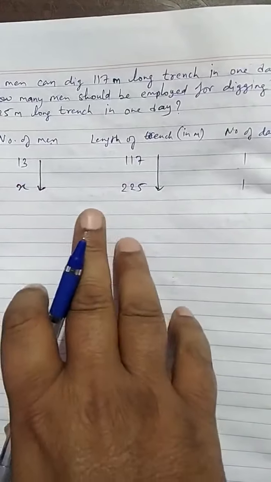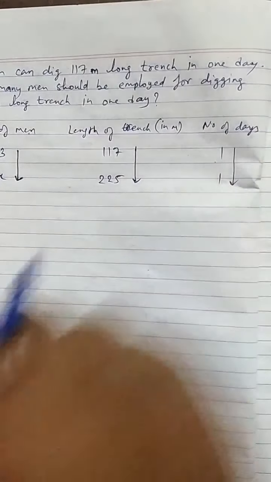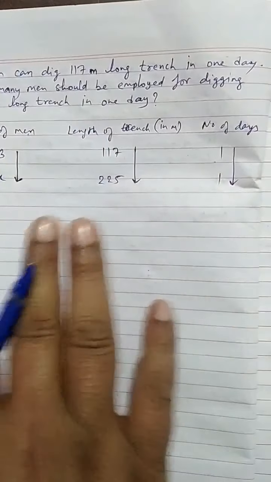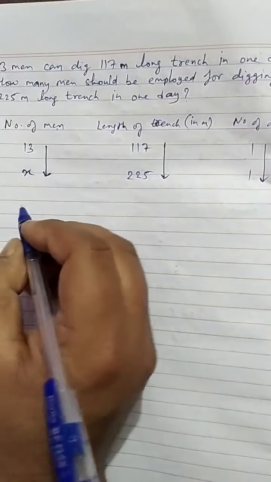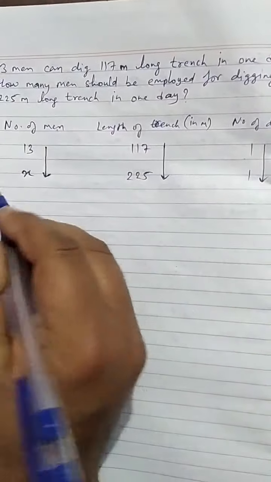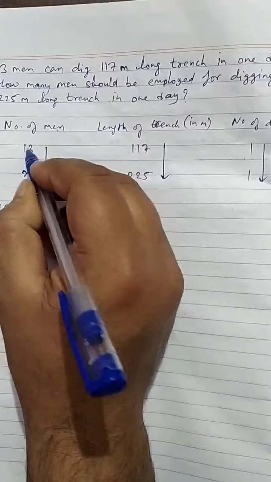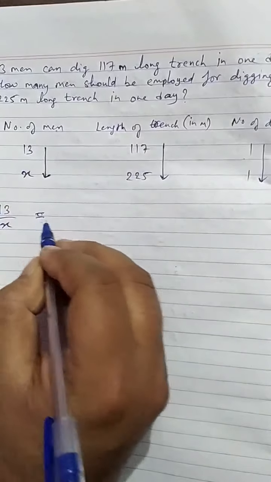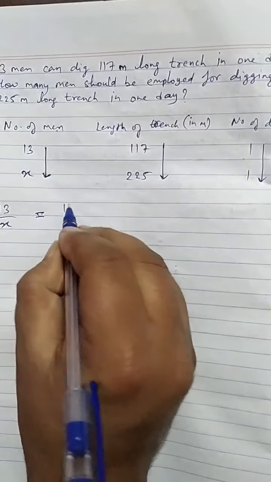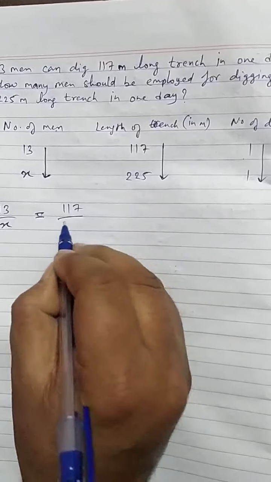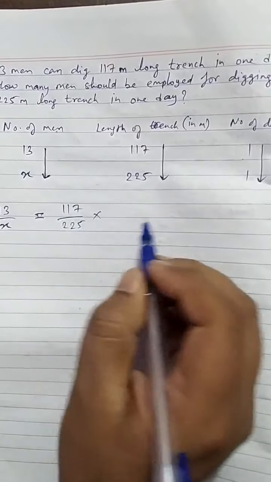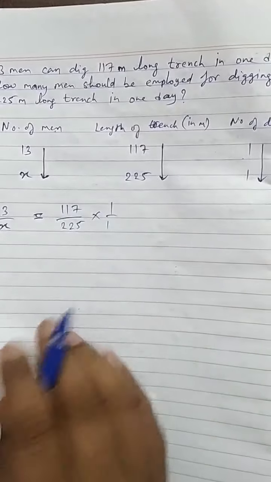And if the work goes for more number of days, this is also a direct variable case. So likewise, the number with x comes on the left side, and on the right side we'll put 117 upon 225 into 1 upon 1.